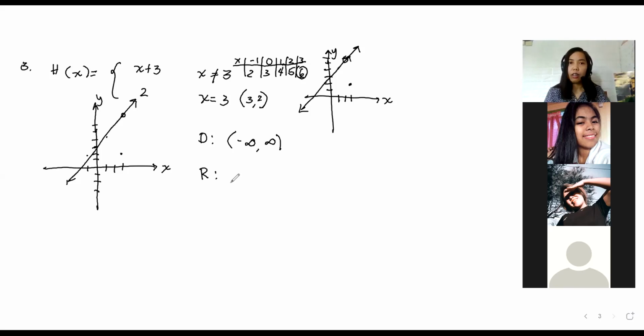Negative infinity, ma'am. 2 to 5. May 5 tayo. Hindi ba tayo pwedeng gumamit na, kasi sabi mo 5. Hindi ba tayo pwedeng gumamit ng 5.1, 5.2, 5.01, 5.001?